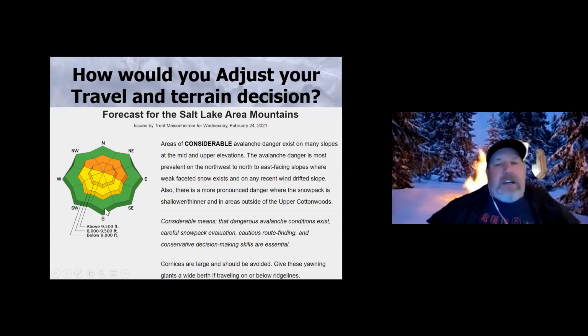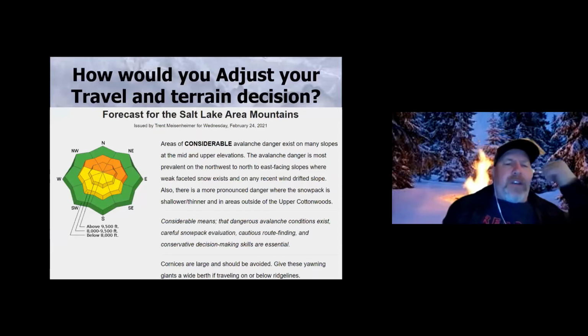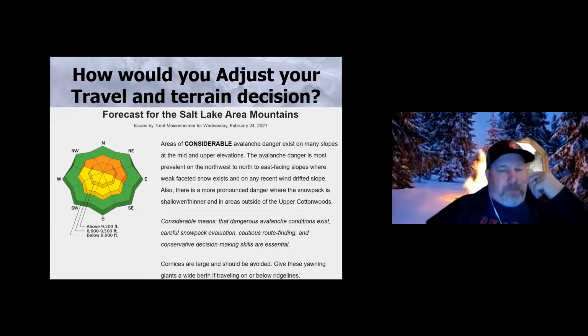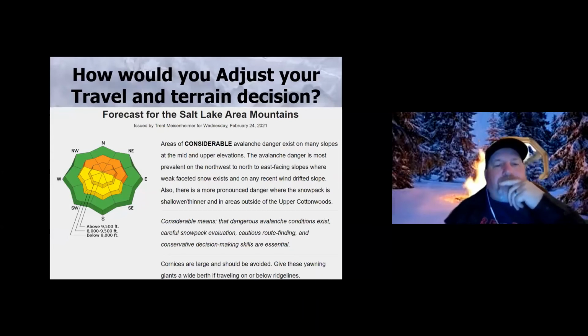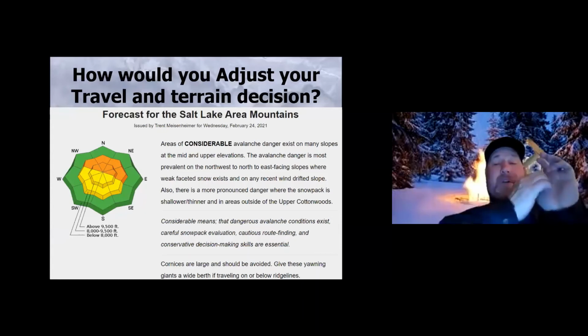All right. So this was actually February 24th, which was yesterday. This was the avalanche forecast for yesterday in the Salt Lake City area. They have upper elevations on the north with a considerable rating, moderate for anything on the western to southwestern, southeastern slopes, and a green rating at lower elevations.